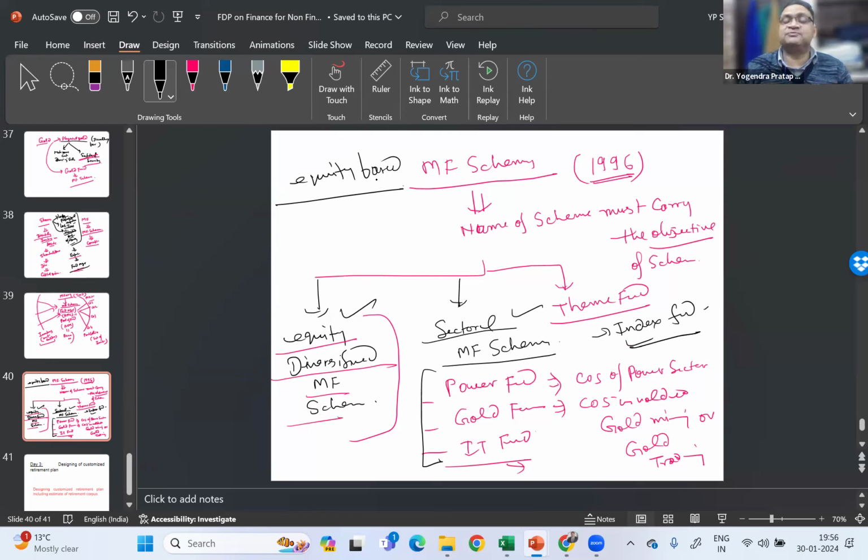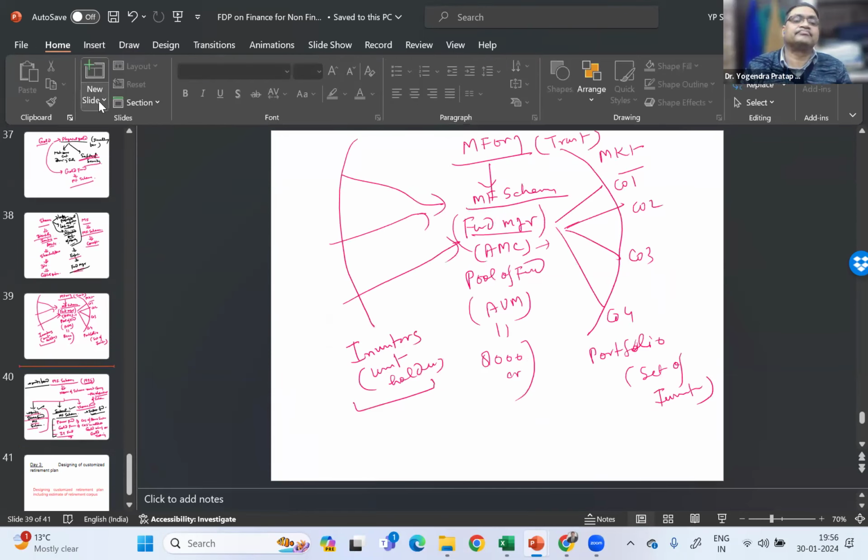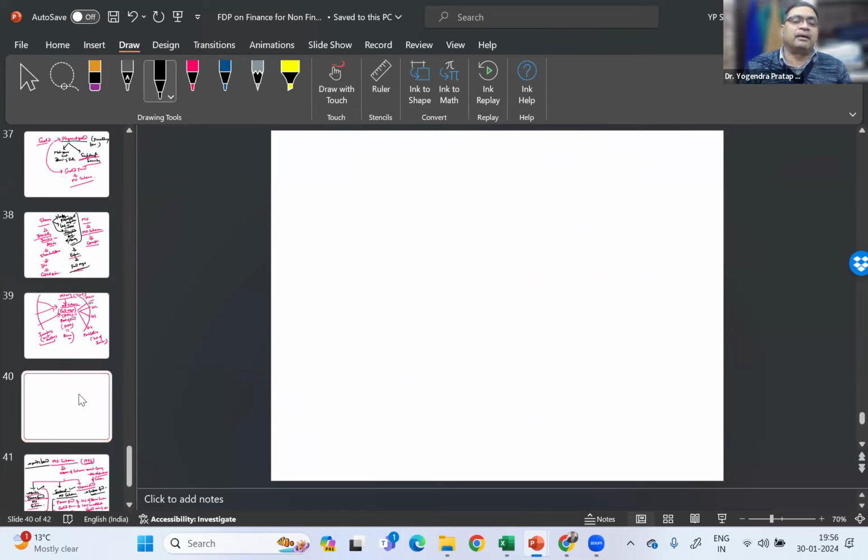And in an index fund, what your fund manager will do is invest your money into the companies in the index.